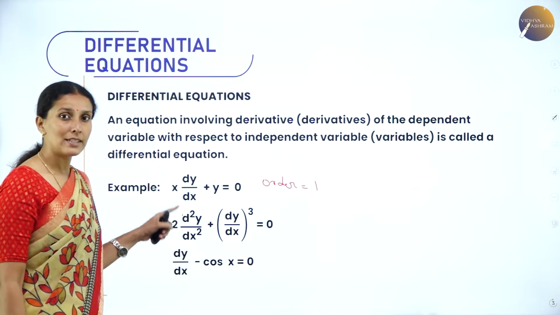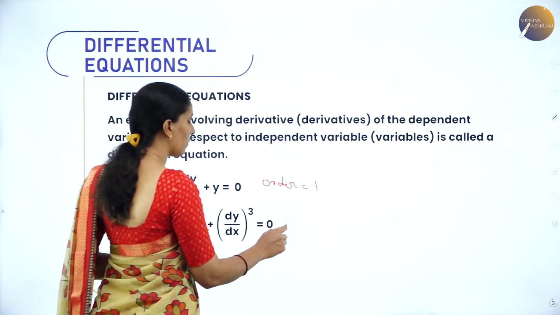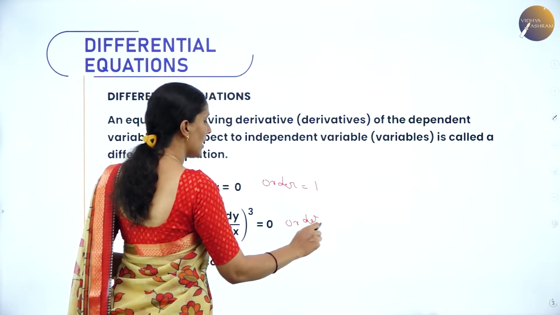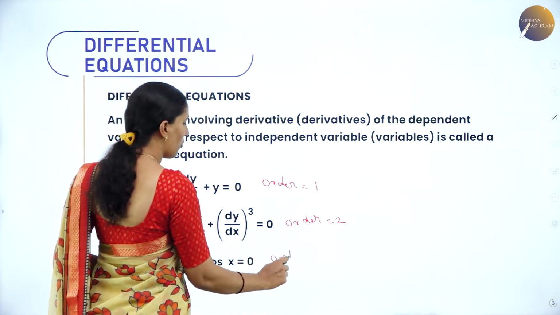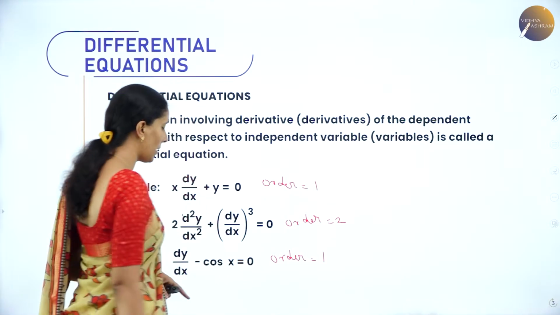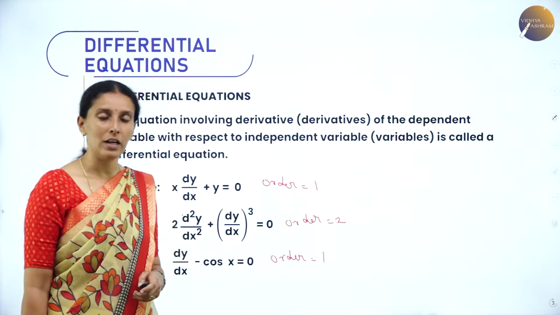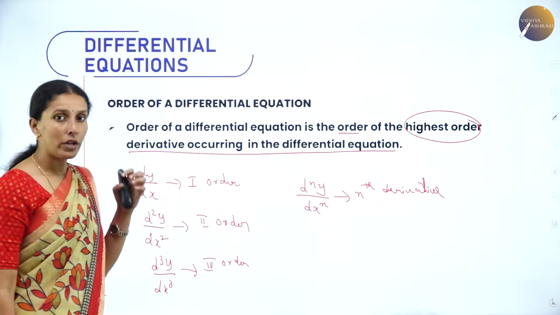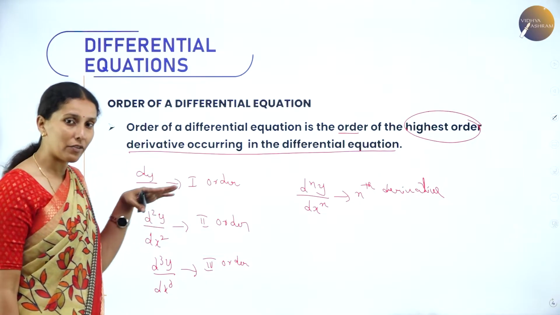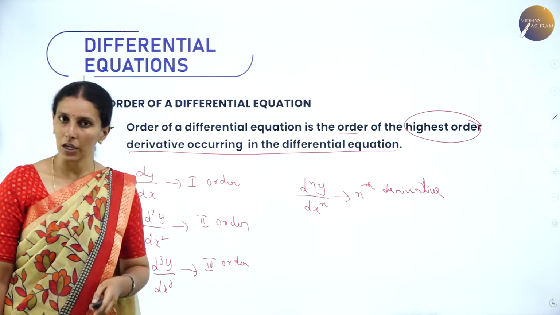But the second order is the highest order of this differential equation. Therefore, here we take the order as 2. Similarly, in the third case, the order of this equation is 1 because the highest order derivative is dy by dx, which is the first order. That is why we take the order as 1. So like this, we find the highest order derivative in the differential equation, and that will be the order of the differential equation.